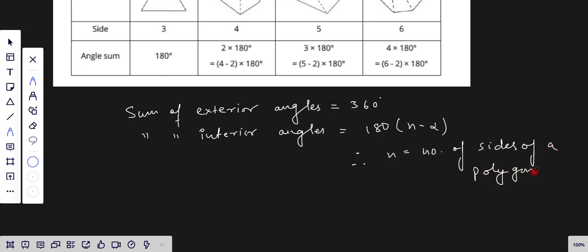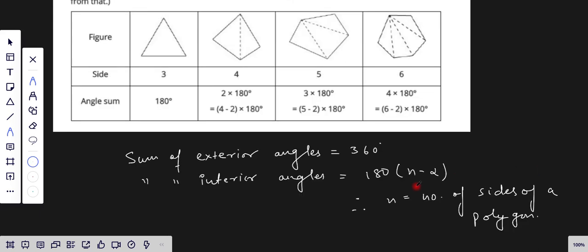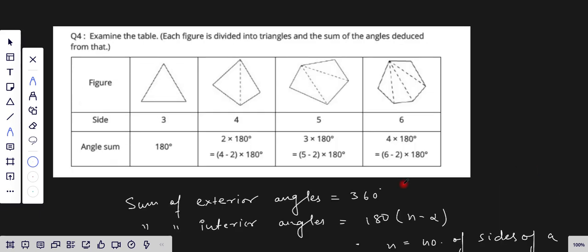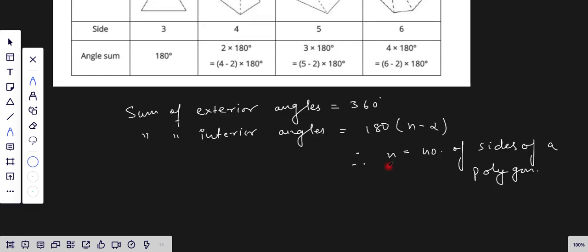Okay. Now let's take the first example. Sides are 3. So question number 4 says: examine the table. Each figure is divided into triangles and the sum of the angles is deduced from that. So the first figure is a triangle. The number of sides given is 3 and the angle sum is 180 degrees. So you can verify this from here. Let's say in the first example, I'll show it with a different color.